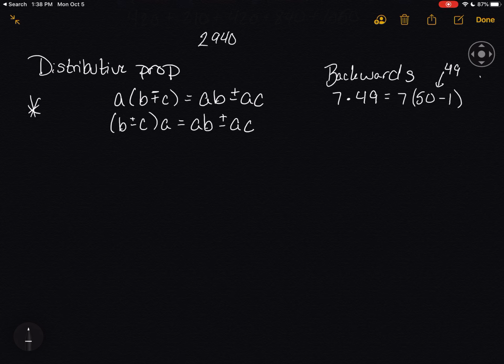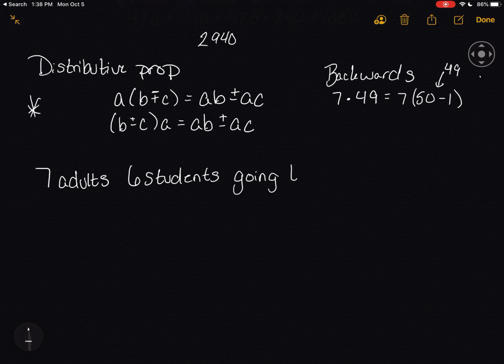So for an example, if there was a group of 7 adults and 6 children going to the University of South Florida Bulls baseball game, use the distributive property to write and evaluate an expression for the total ticket cost.